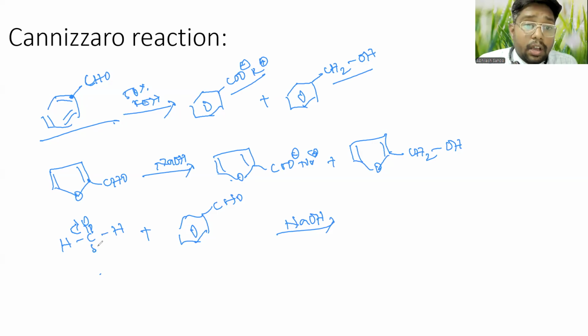So here there will be a partial positive charge, and here a partial negative charge. The partial positive charge is favorable for the attack of the nucleophile. That means if the positive charge here is greater, nucleophilic attack will be easier, isn't it?